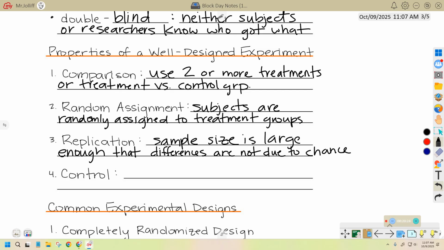But if I'm sorting into treatment groups of adults, I want to make sure that each of those groups has about the same number of men and women, about the same number of people in each age group. I want to make sure it's evenly distributed. And in order to do that, I need a big sample, right? If I only have 10 people in my study, it's hard to make sure that those two groups look the same. So big samples.